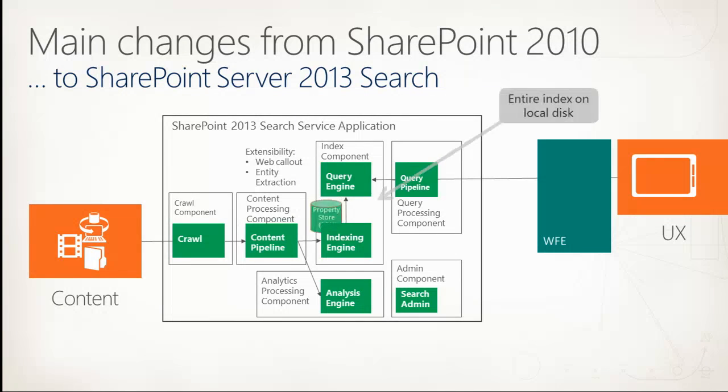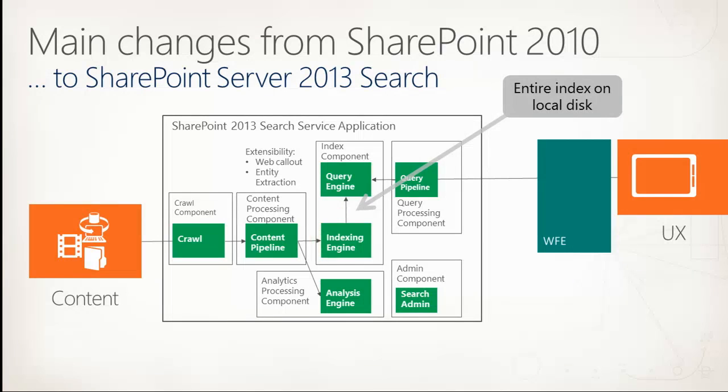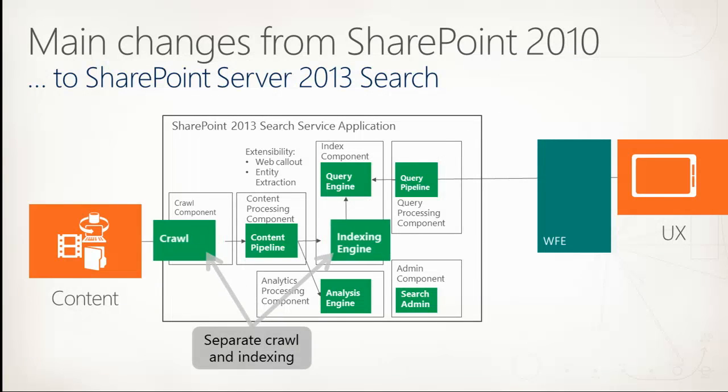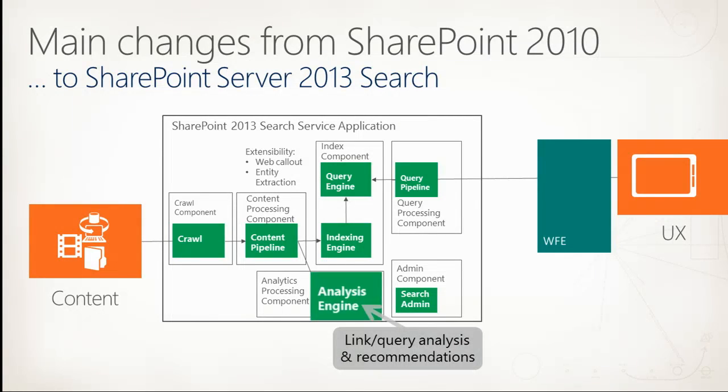We have removed the property store, so everything related to the index is on local disk. That's important for performance and also makes it more flexible. We have separated crawl and indexing, so we have these three components in the feeding pipeline: crawl, content processing, and indexing. And we have the new analysis component that Darren talked about.